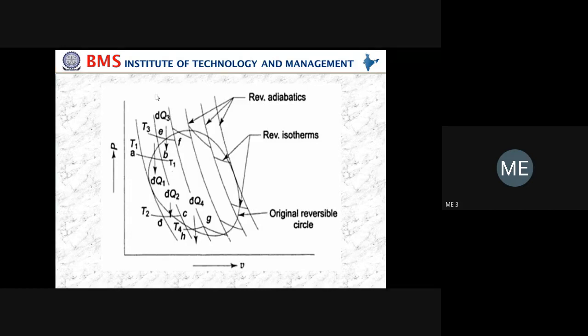Then after that you have to draw these lines, curved lines, one, two, cutting the original cycle like this. These are called adiabatic processes. So just split that original reversible cycle into a number of adiabatic processes, and remember all the processes are reversible in nature.